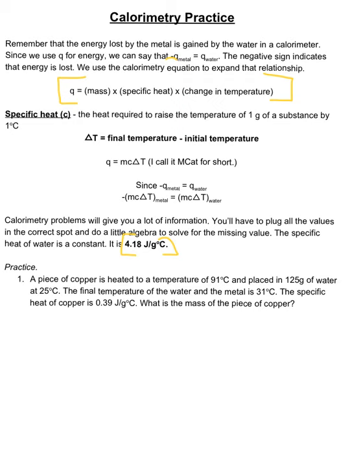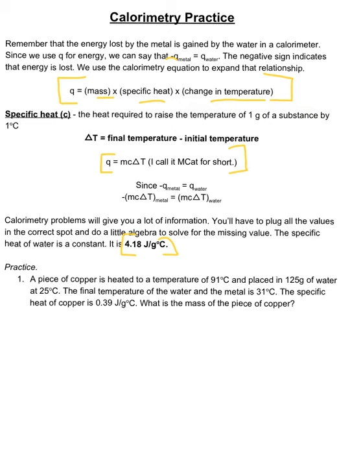So here's our equation: MC change of T, for mass times specific heat times change in temperature. I call it MCAT. That's what it looks like, MCAT. So we're going to use the MCAT equation.